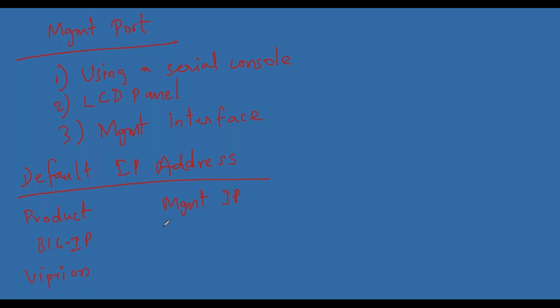Management IP address for Big IP is 192.168.1.245/24, and for Viprion it is 192.168.1.246/24, and there is no default route by default. This is the configuration when a new device comes into picture.